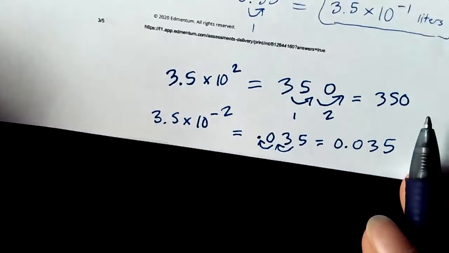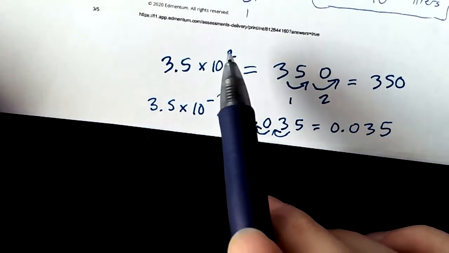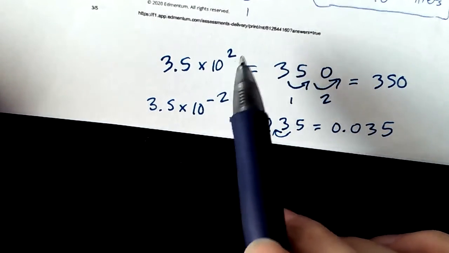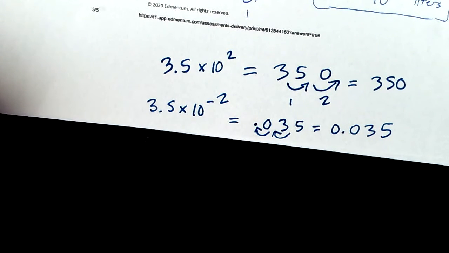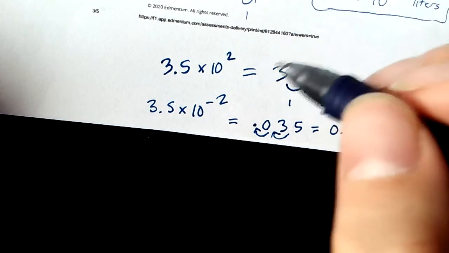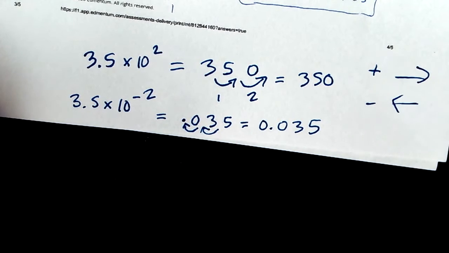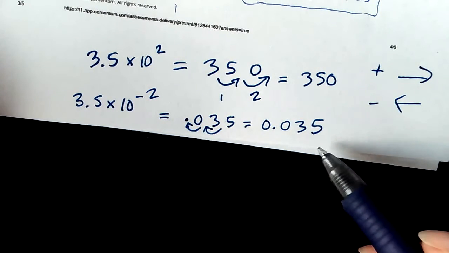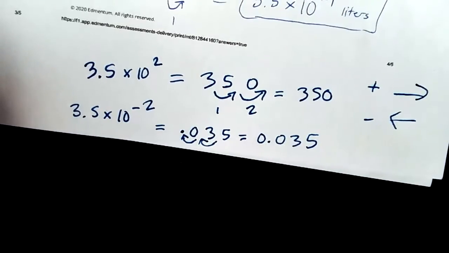So you see how those two are different. We're using the same numbers, but this has a positive power and this has a negative power. Positive means you're moving the decimal to the right. Negative, you're moving the decimal to the left. Hopefully that clears some things up for you.